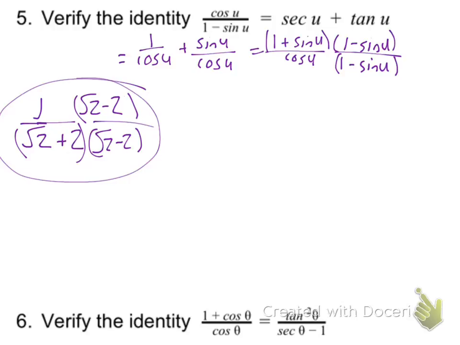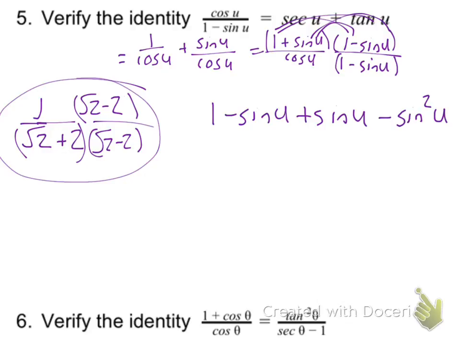What do you have to do on the top? Foil. So 1 times 1. 1 times negative sine u. Sine u times 1. And sine times negative sine, negative sine squared u.